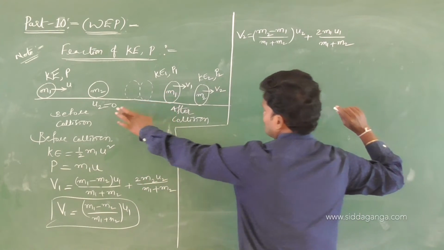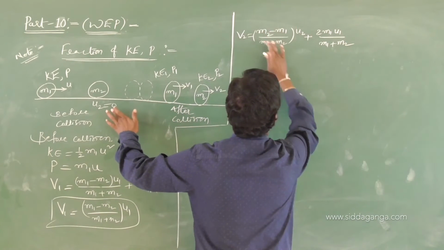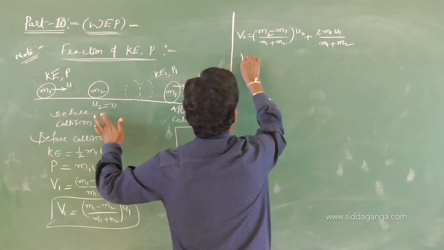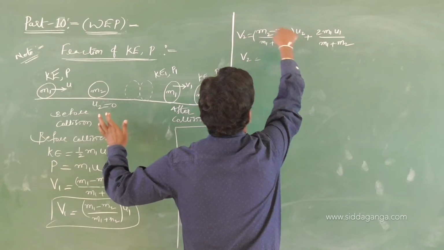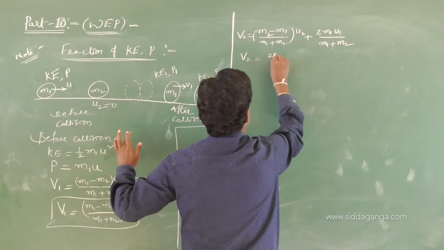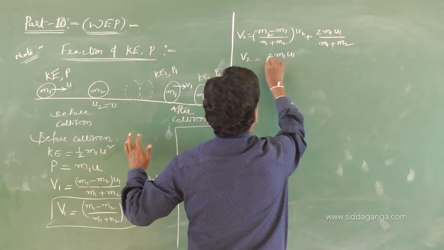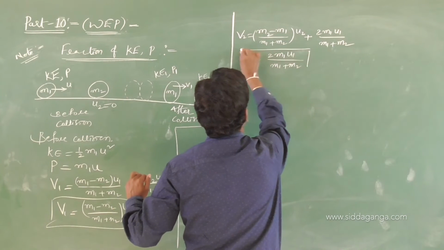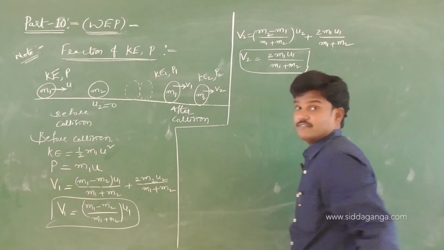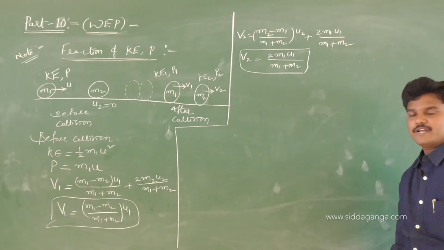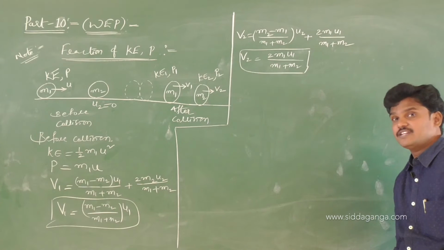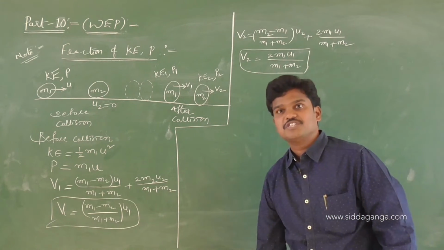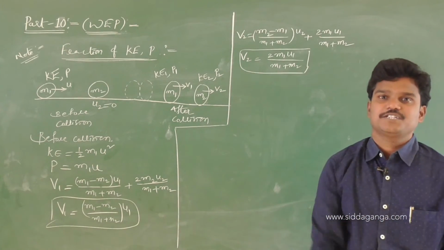Substituting the condition u2 equals 0, the first term is 0, so what remains is 2 m1 u1 by m1 plus m2. So this is v2. The target is the fraction of KE and fraction of momentum, but I am finding v1 and v2 because I am going to use these values in the kinetic energies.